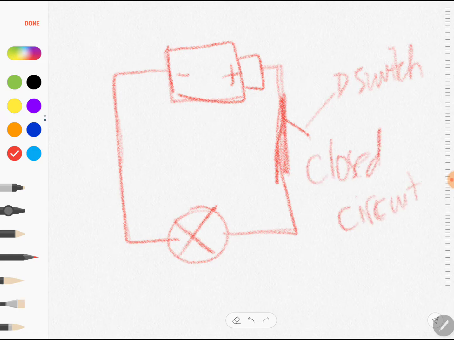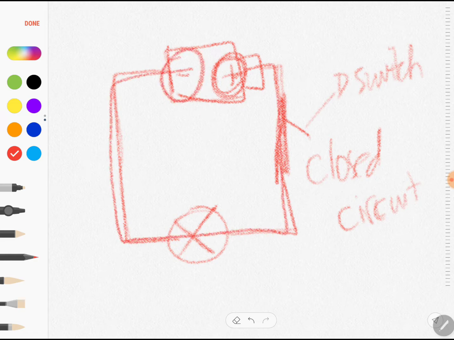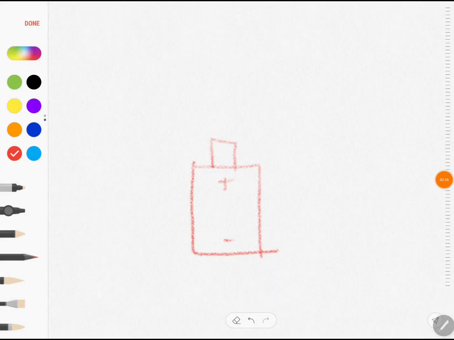And this closed circuit should close a loop from the positive terminal of the battery, connecting it to the negative terminal of the battery. Okay, what is it that we don't consider as a closed loop? For example, we have this battery here and we connect a wire to it.